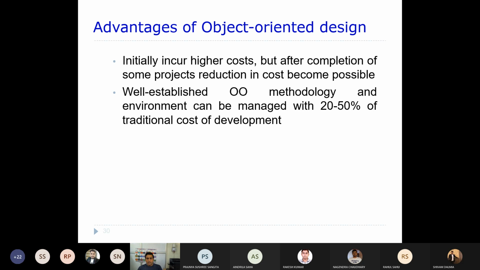Okay, so that is one of the benefits you can see. That means we will be able to manage with 20 to 50% of the cost that we actually invest if we develop any software using a traditional approach.